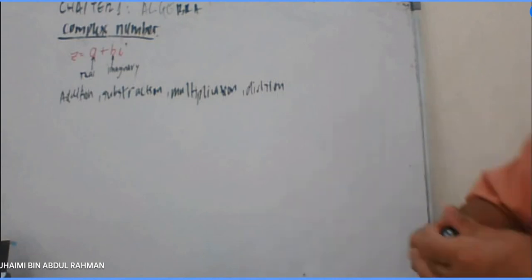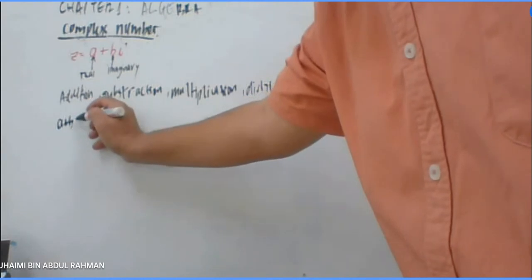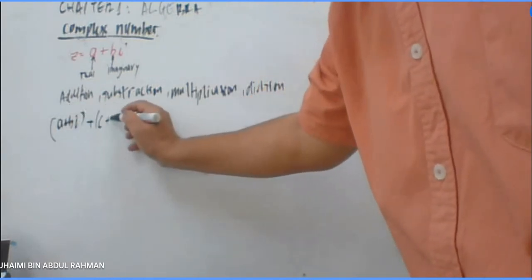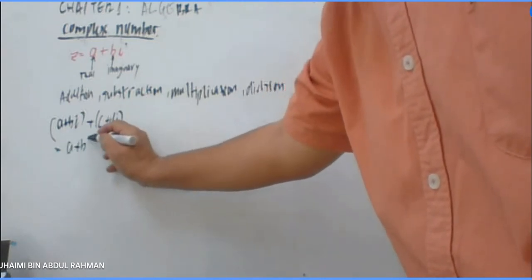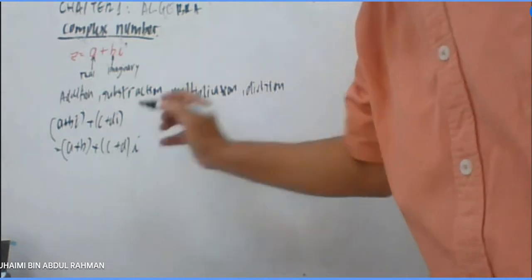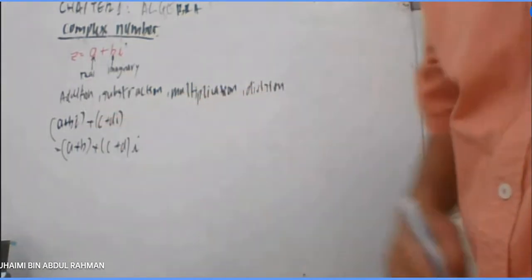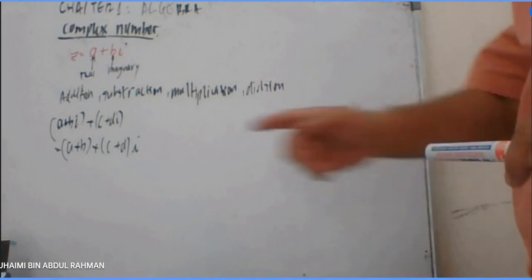All right. So addition of complex numbers, we just add them. For example, one complex number, A plus BI, we add with another complex number, C plus DI, giving A plus C plus B plus D, I. Remember that real parts add with real parts, and imaginary parts add with imaginary parts.